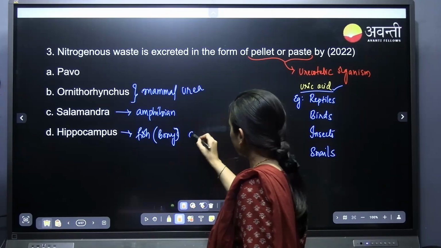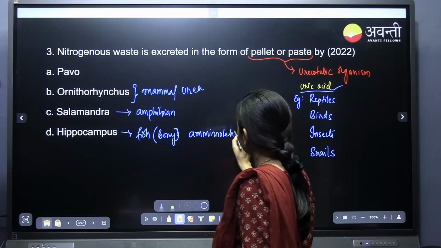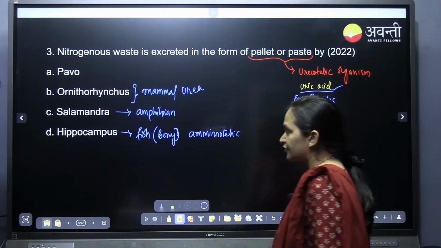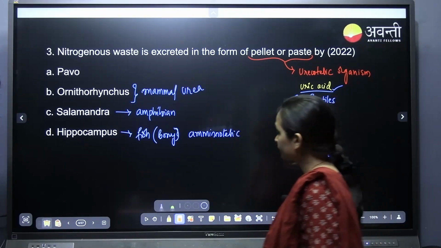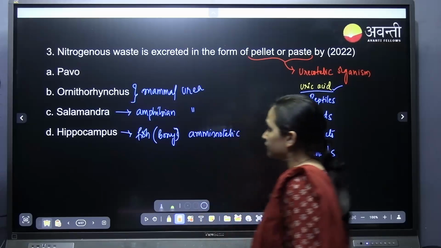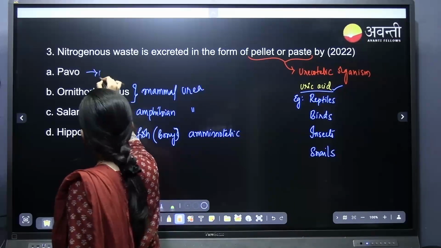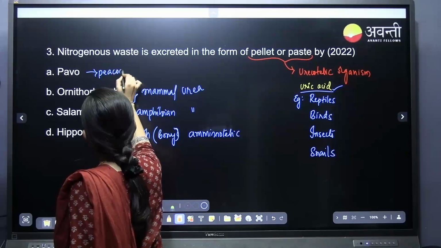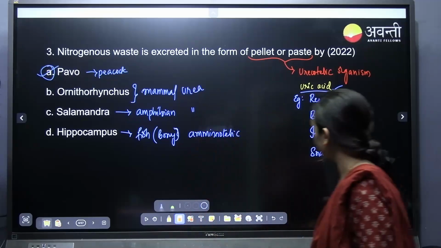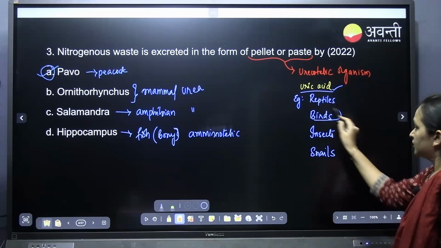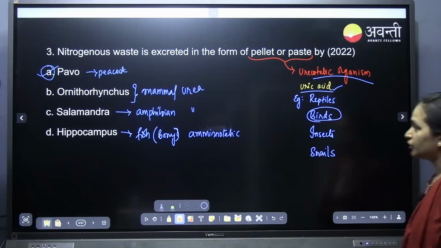Then salamander, amphibians, they are also urea, right? So pavo is a peacock, which means this is in the form of pellet and paste, that is uricotelic.